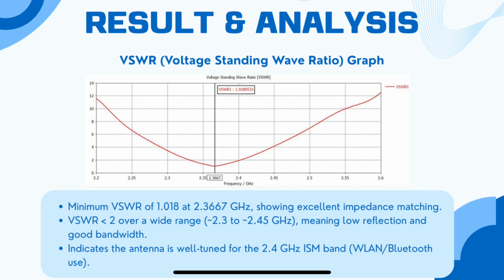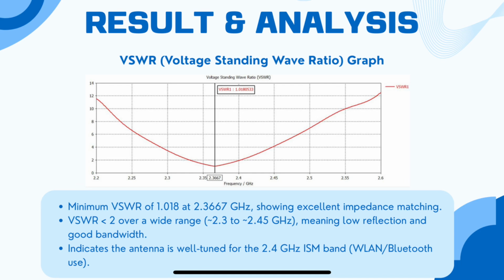Now, let's look at the results and analysis of our antenna design, specifically focusing on the VSWR, or voltage standing wave ratio. As shown in the graph, the minimum VSWR achieved is 1.08 at 2.3667 GHz. This value is very close to 1, which indicates excellent impedance matching, meaning minimal signal reflection at this frequency.